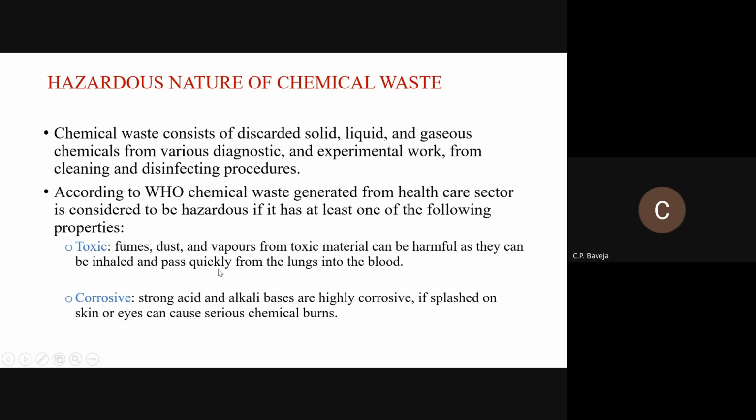So if a person is inhaling chemicals which have fumes and vapors, it goes to the lungs and then into the blood. Lung and respiratory problems may be there, and in the blood, toxic effects may be there. So if it's toxic, it is hazardous.